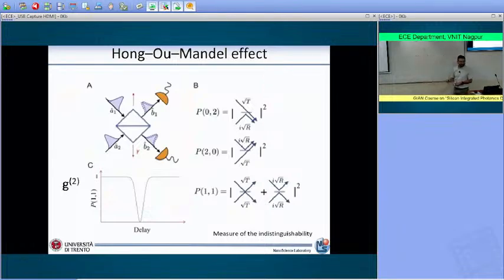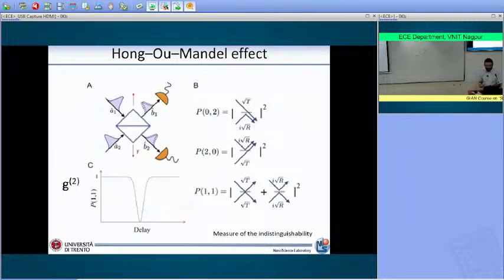In this beam splitter, if the light is reflected, it is reflected with a certain reflection coefficient R. If the light is transmitted, it is transmitted with a certain transmission coefficient T. Okay? So those are the properties of our beam splitter.